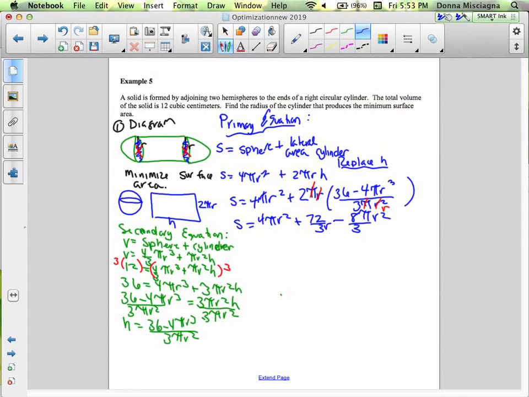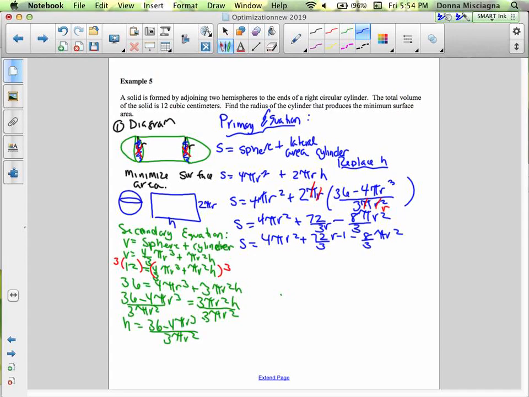So we'll take the derivative of that, and let's rewrite the negative exponent there. So rewrite the rational term as a negative exponent: 4 pi r squared plus 72 thirds r to the negative 1 minus 8 thirds pi r squared. We could combine, by the way, that 4 pi r squared and the negative 8 thirds pi r squared.